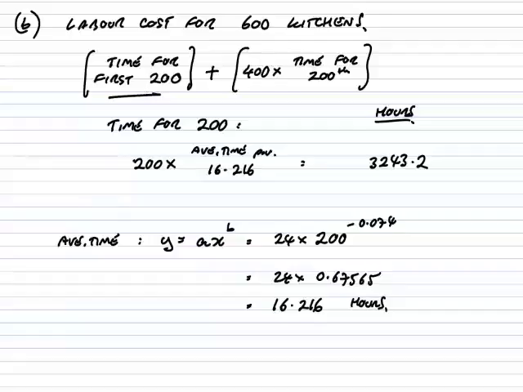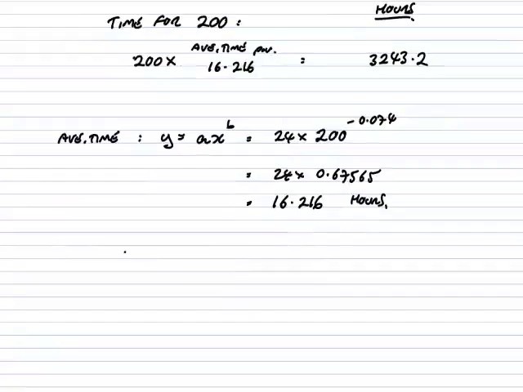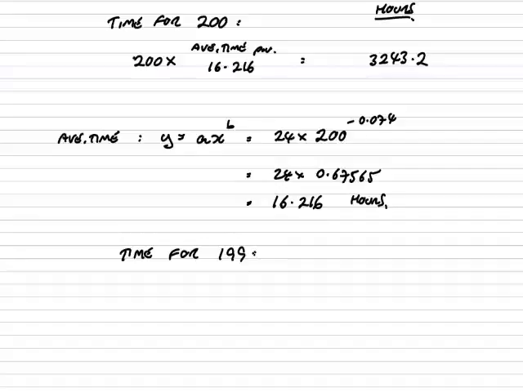To finish it though, I need to know how long number 200 takes. Well, we know how long 200 take. If we can work out how long 199 take, well, the time for 200 will be the difference between the two. So let's do it for 199. It'll be 199 times the average time again.